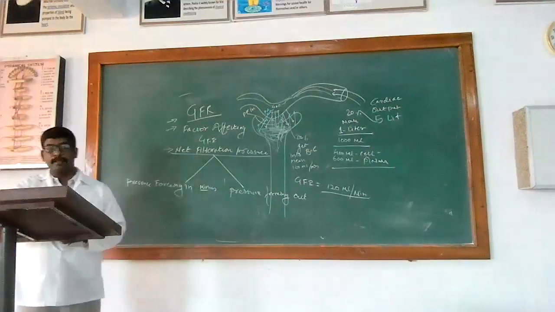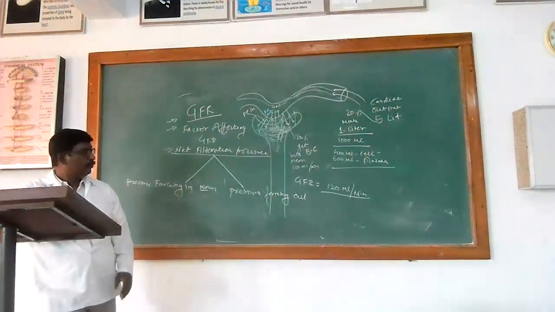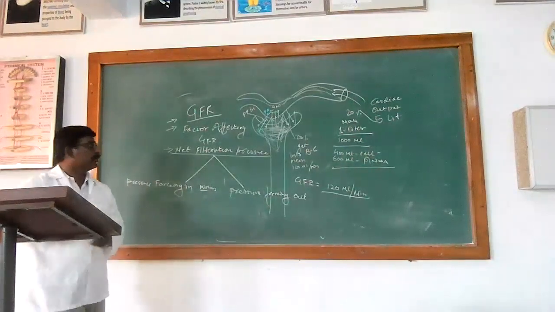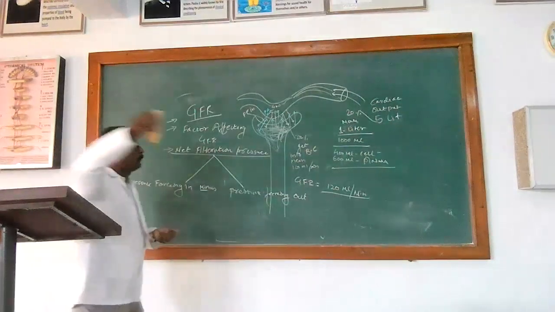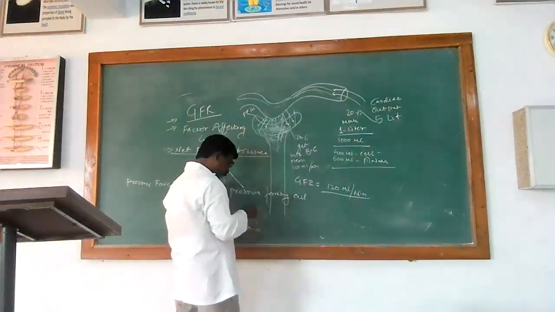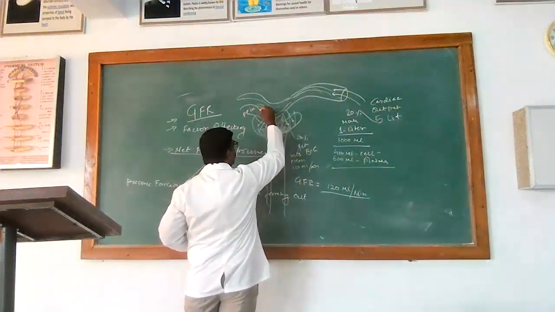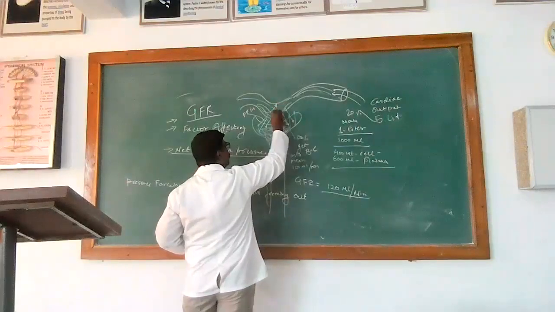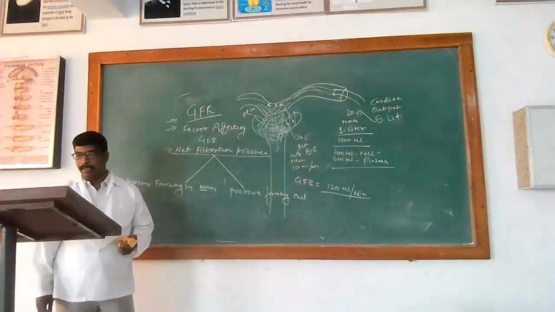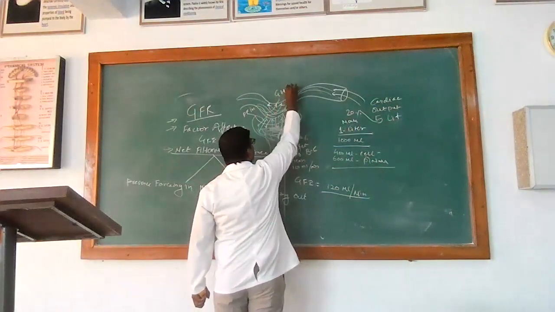There are some forces which affect the glomerular filtration. The first pressure is called the glomerular hydrostatic pressure. Whatever fluid is coming here in the glomerulus, this fluid also generates pressure. This is the hydrostatic pressure, called the glomerular hydrostatic pressure.